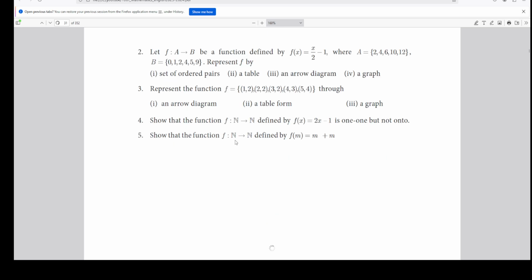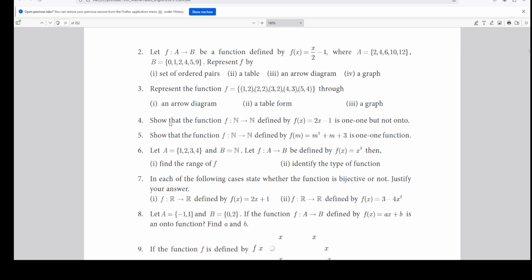For the second and third problems, the reference is example 1.11. And now we'll be solving the fourth problem.